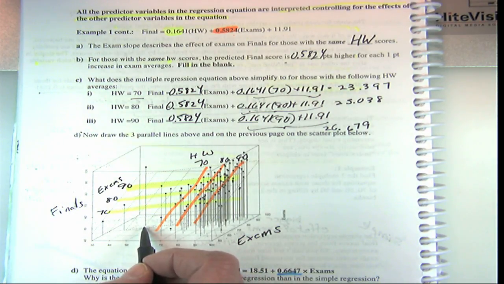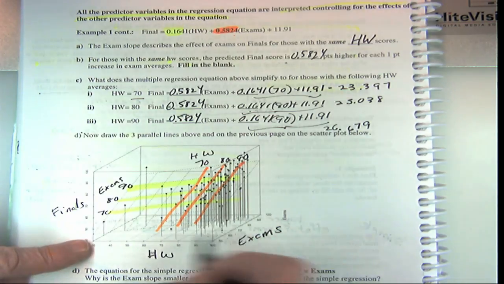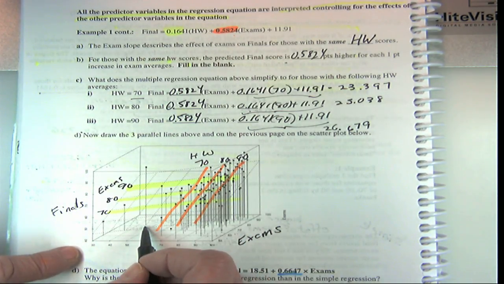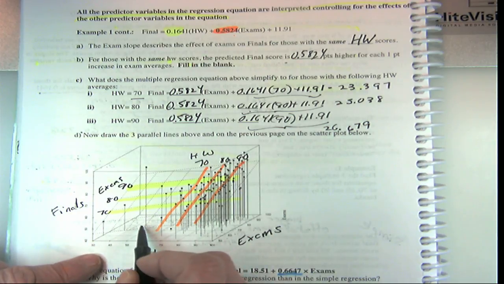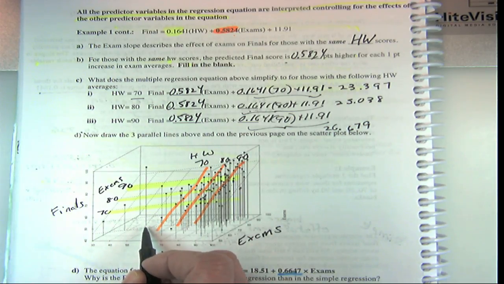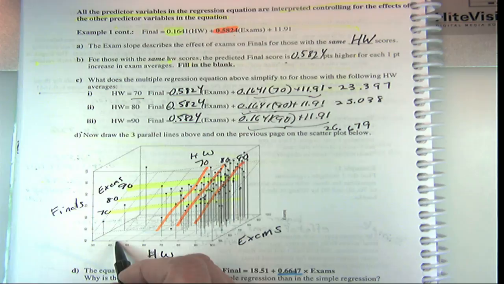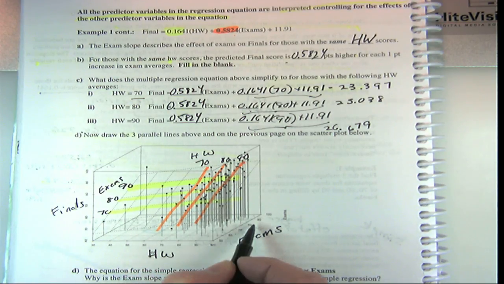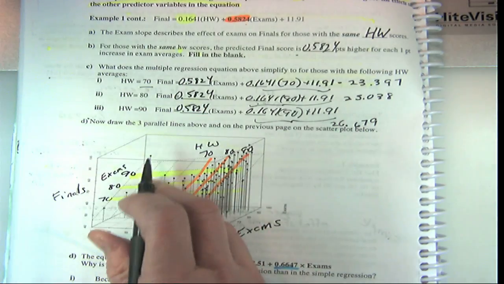Look at his homework. Here's where he was predicted in this plane here. But here's where he landed in the homework-exam plane. He was at a 45 on the homework, and an 80 on the exams, but he got 100 on the final.